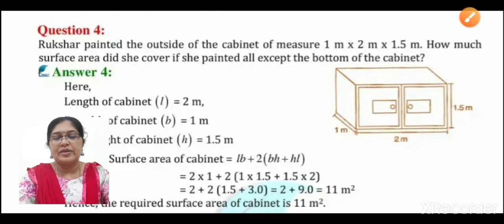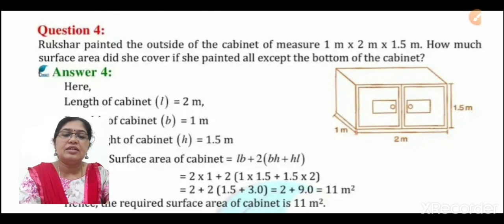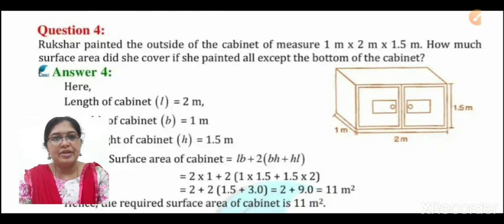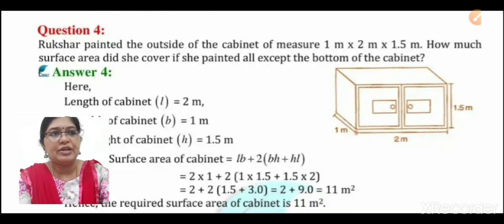Now, fourth question. Let us read the question now. Rukshar painted the outside of the cabinet of measure 1 meter into 2 meter into 1.5 meter. How much surface area did she cover if she painted all except the bottom of the cabinet? The cabinet is given here and the measures are given.